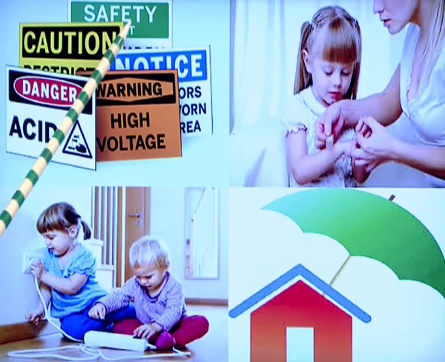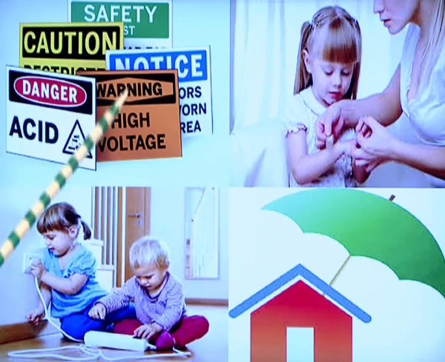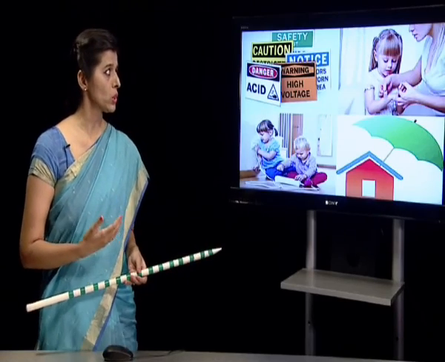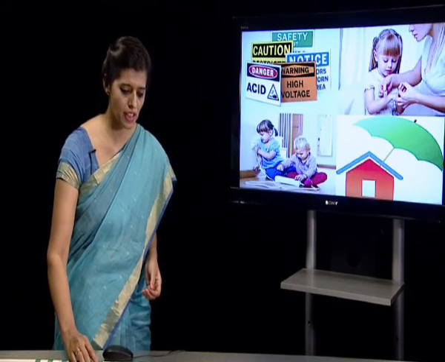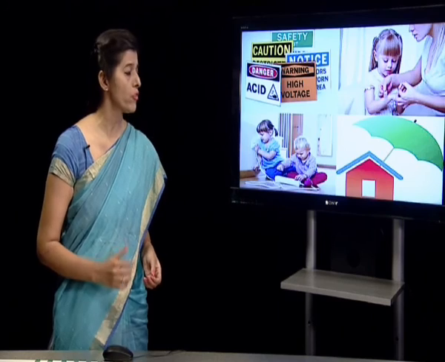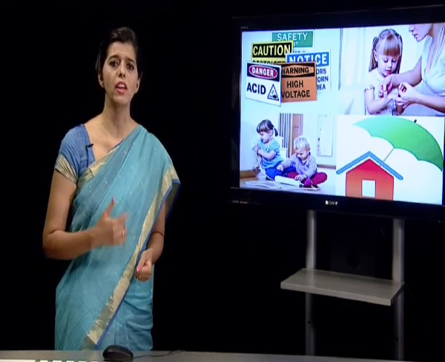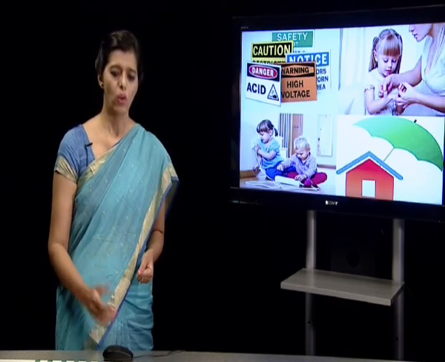Safety and caution notices are written so that members' attention goes towards them. We have always seen these notices in offices and public places, and we can keep them in the home also.